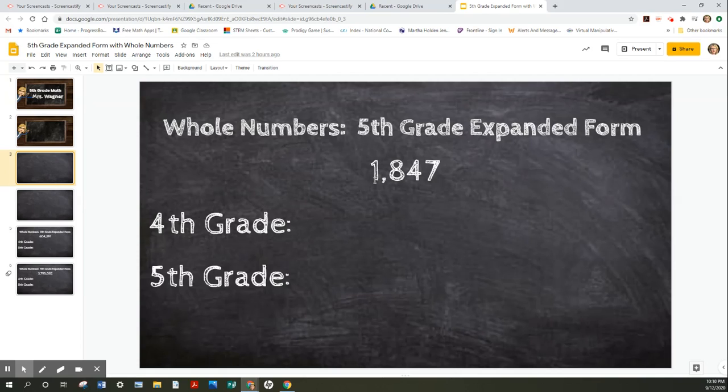Well, if we look at the number 1,847, if we were in fourth grade, we would simply say, well, this would be 1,000 because there is a 1 in the thousands place. And then we would look at the number in the 100s place, and there are 8 of those, so 8 hundreds.